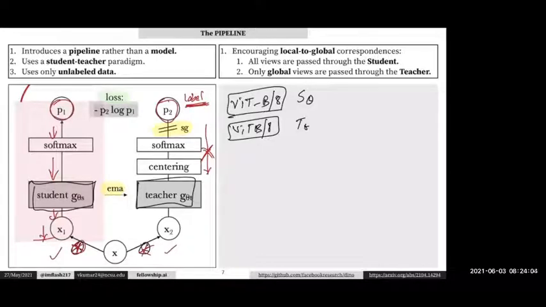Maybe I can wait for a minute. So you have an input data. You apply two different transformations. What kind of transformation do you think would be suitable for the student and the teacher?